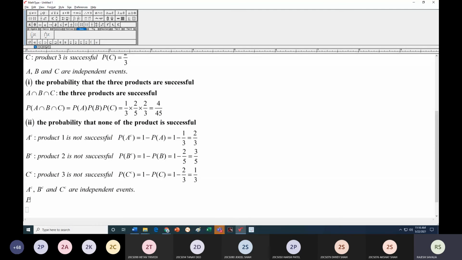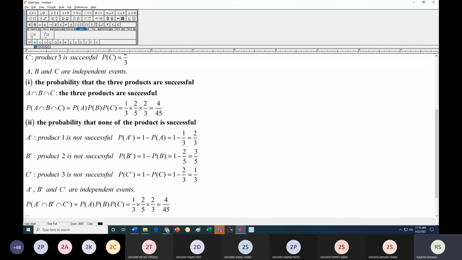So the probability that all three products are not successful is probability of A complement intersection B complement intersection C complement.